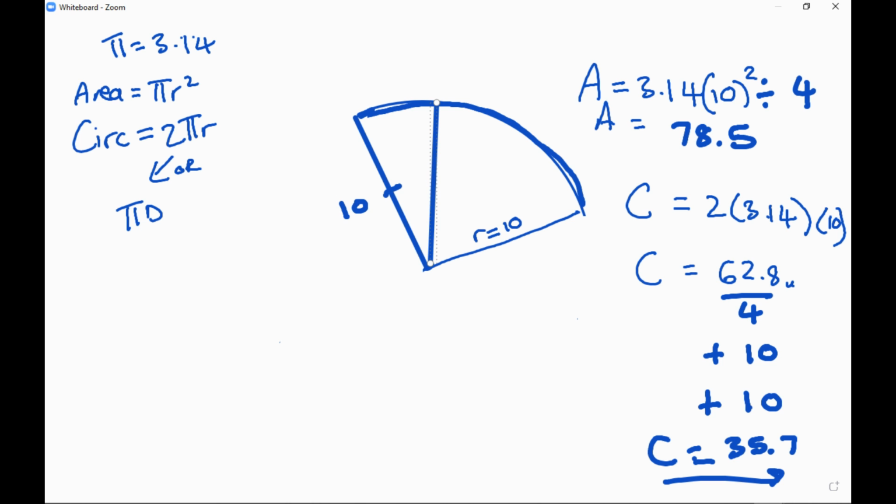Now I'm going to take it even further, and I'm going to make it some angle.